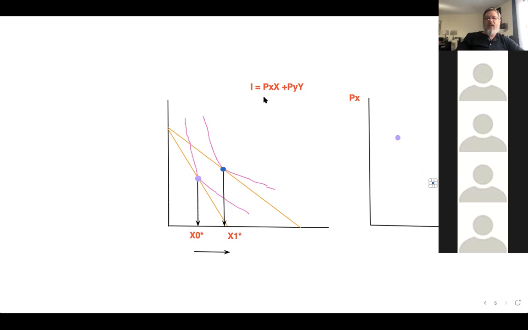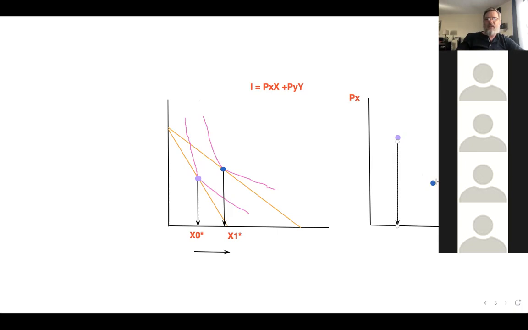And you see how the prices in the consumer choice problem are implicitly defined based on the description of the budget. But when we normally graph the Marshallian demand curve, then the price is explicit, right?